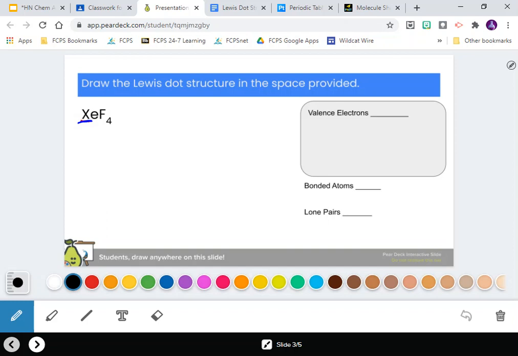All right, so now we have xenon tetrafluoride. How many valence electrons for our xenon here? 8. Good. And the fluorines, each one of them brings in how many? 7, good. So 7 times the 4, because there's 4 of them, that's 28. So this is a total of 36.